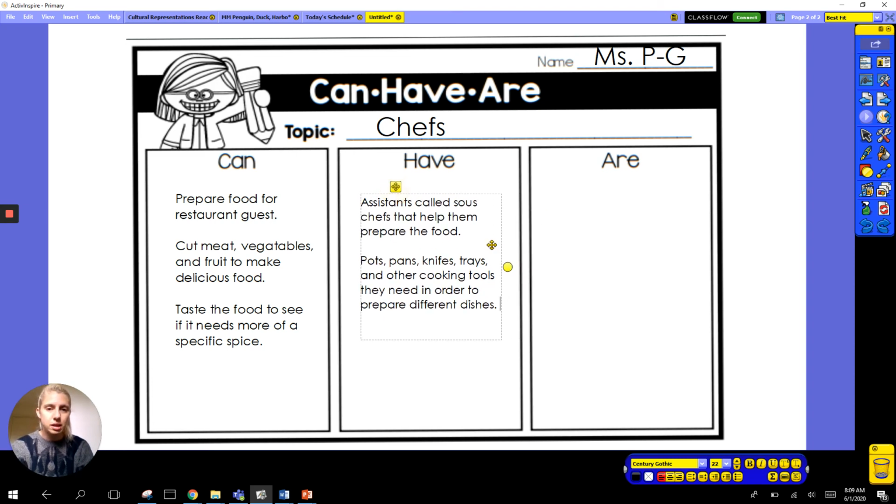So friends, you'll see that I'm thinking about now what chefs have. So I could also say that chefs have clothes that they need to wear in order to stay safe in the kitchen.